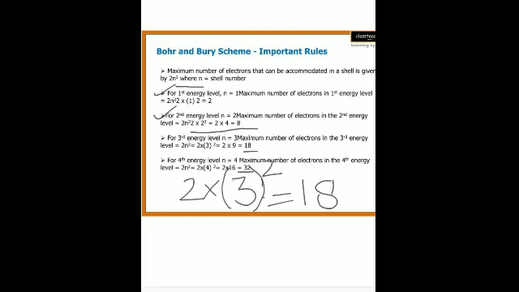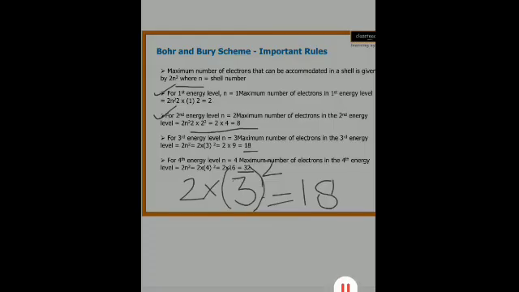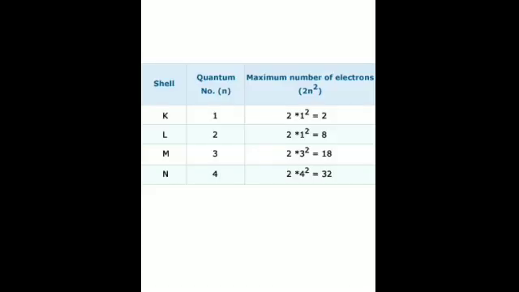Is it clear? This table is also showing the same. Here the table shows the shells K, L, M, N, and the quantum number, which is the shell number n, that is 1, 2, 3, 4 and so on.